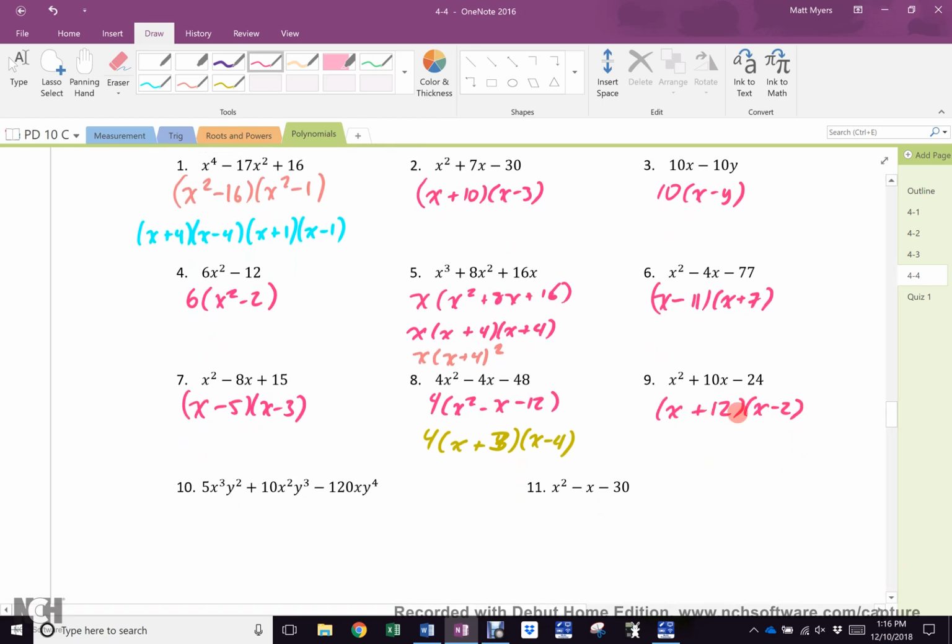I'm sure a great many of you use 6 and 4 there, but of course that does not work. Why would you divide it by negative 1?